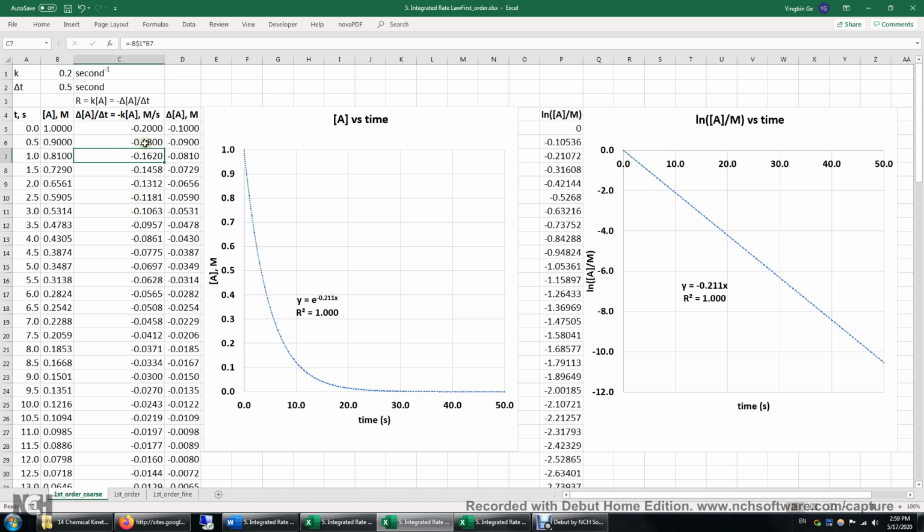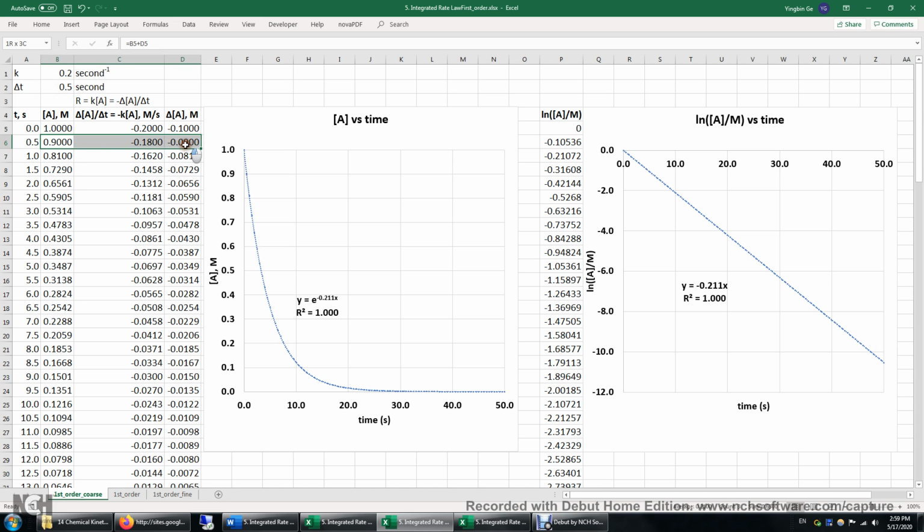It's now negative 0.18. That's the reaction rate at this time. And then how much does delta A change during this time period? Again, you have the time period times the rate. The rate is negative 0.18. The time period is 0.5. So again, I'm using $2 to make sure that this cell does not move down.